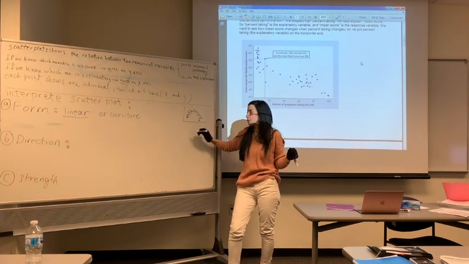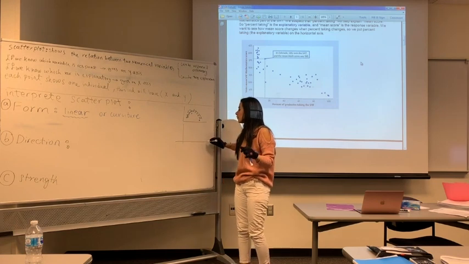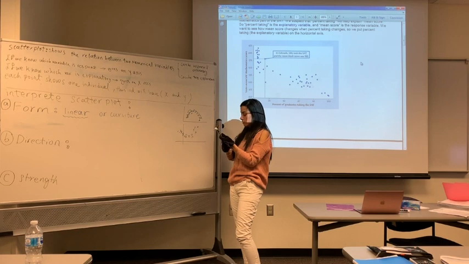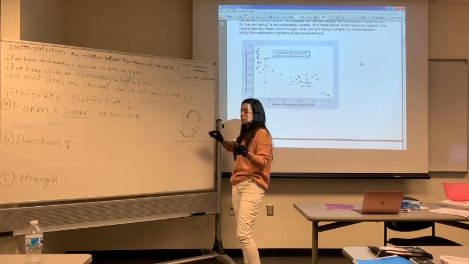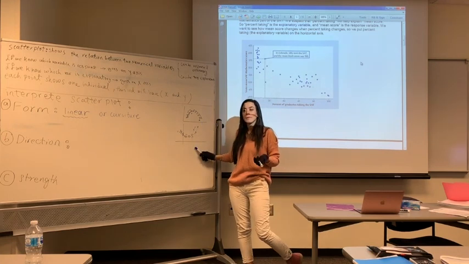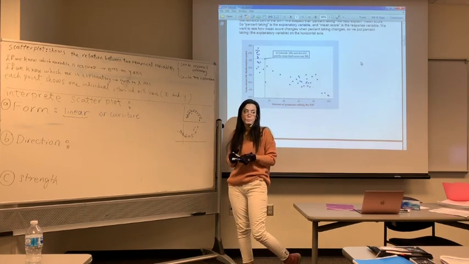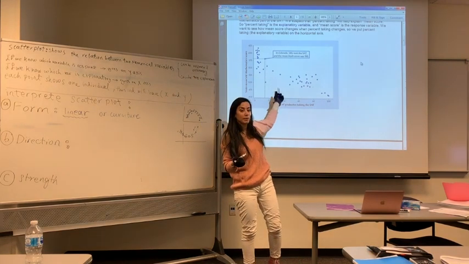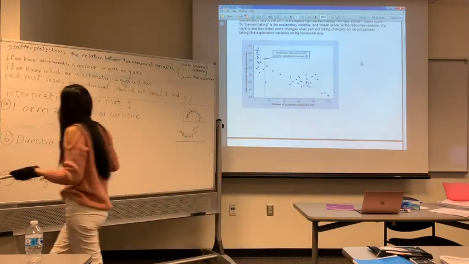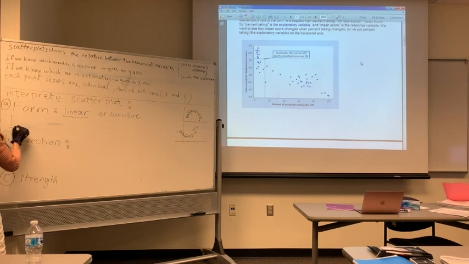So this is a curvature form. Then curvature form can be like this. Correct? So these two are examples of curvature form. And then this one will be example of a linear form, because you can pass a line through the points.